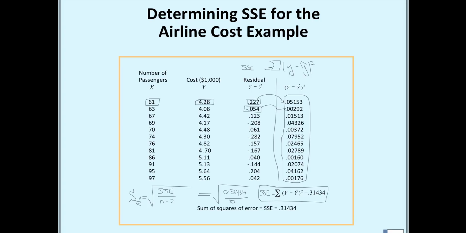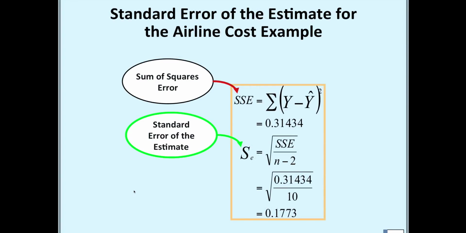That will be our standard error of estimates. In the next slide we see that SE was calculated, and we found that SE is 0.1773. So that is the standard error of our estimates.